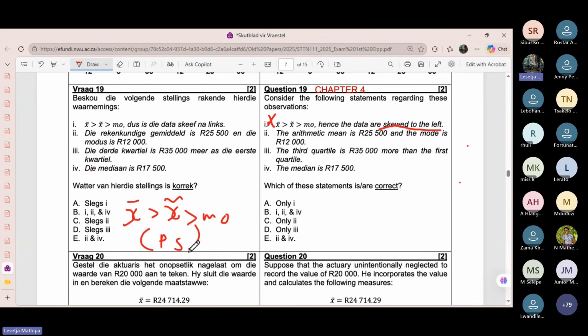So they said this mean is greater than the median, is greater than the mode, and they say that the data is skewed to the left. No, the data is skewed to the right. So that's why this option is incorrect. You got it now?